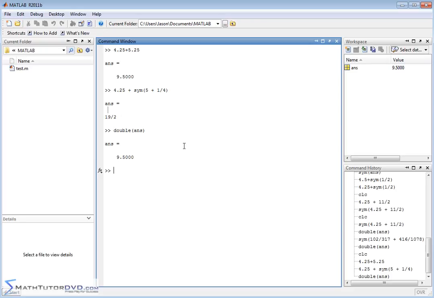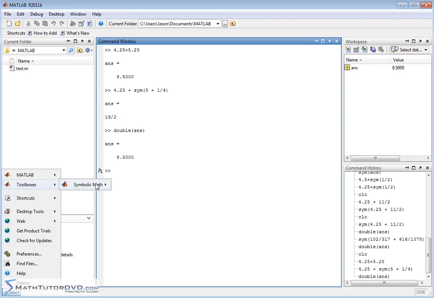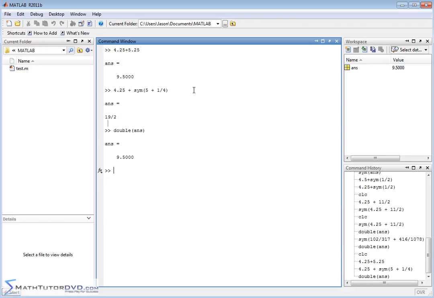If you're a student and you're using a student license, either at your school or if you purchased it yourself, you've already got the Symbolic Math Toolbox installed. There's a chance if you're a professional in your company that they may not have purchased the Symbolic Math Toolbox. If that's the case, if you don't see it up here, then you can basically skip any section in the course where I'm talking about symbolic math.